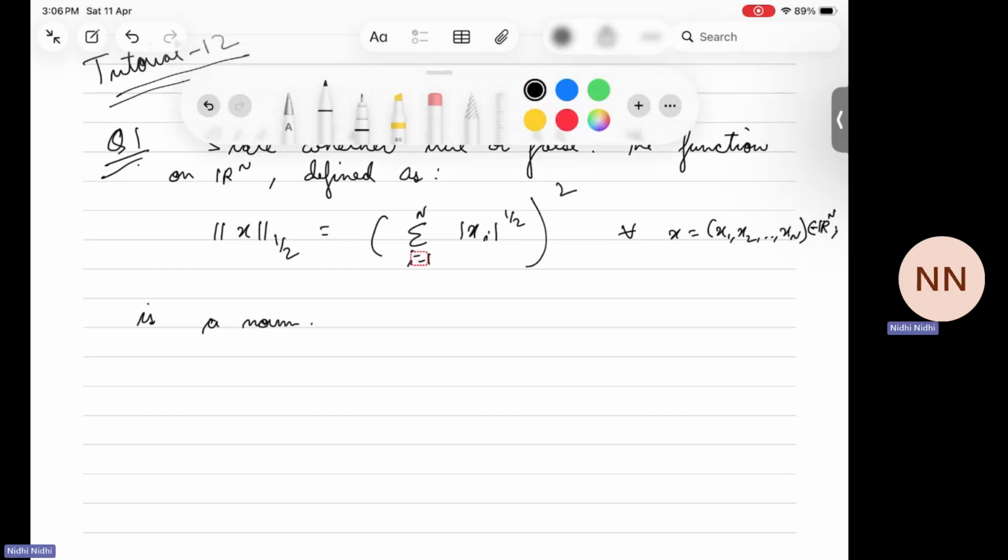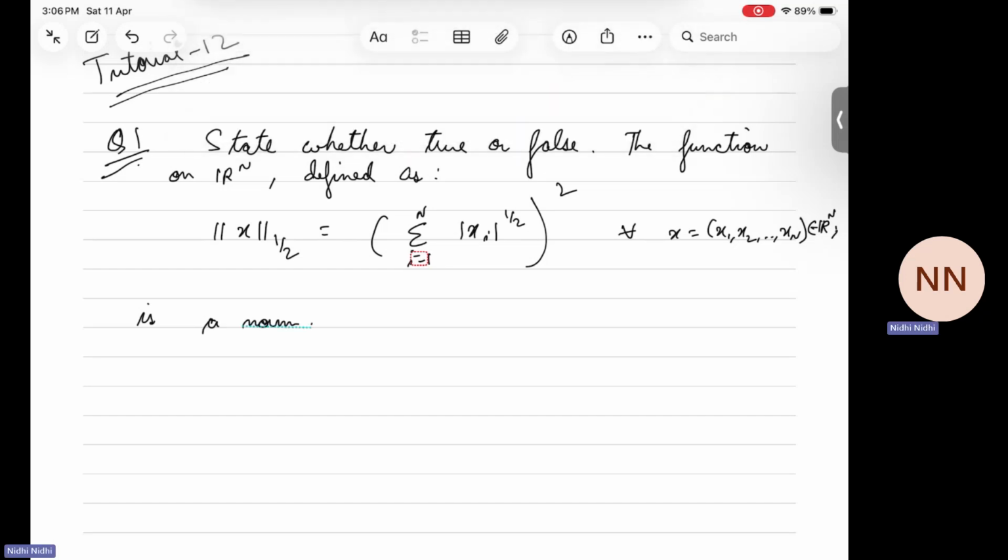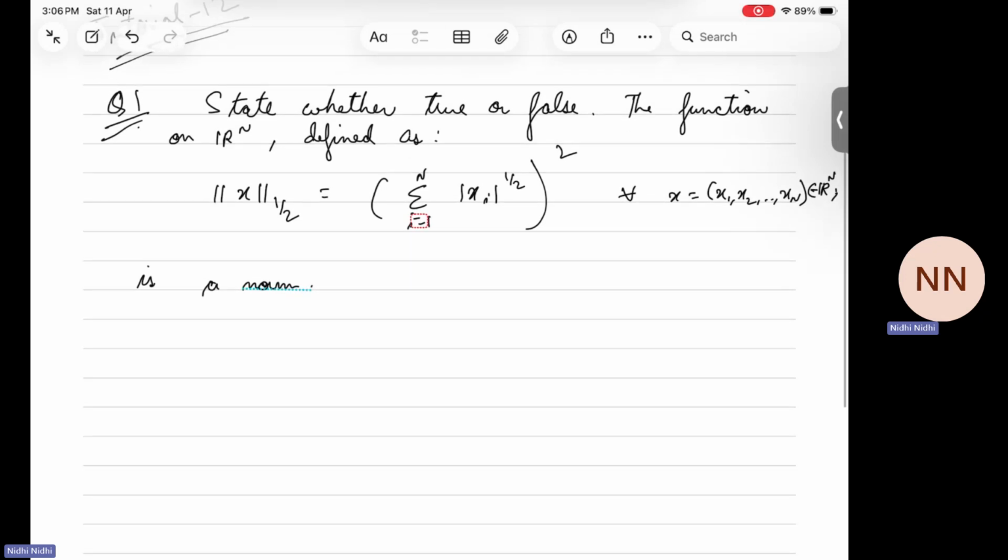So firstly, let's recall when do we call a function to be a norm. A function, suppose I denote it like this, defined on a vector space V to the space of real numbers, is said to be a norm if it satisfies the following conditions.